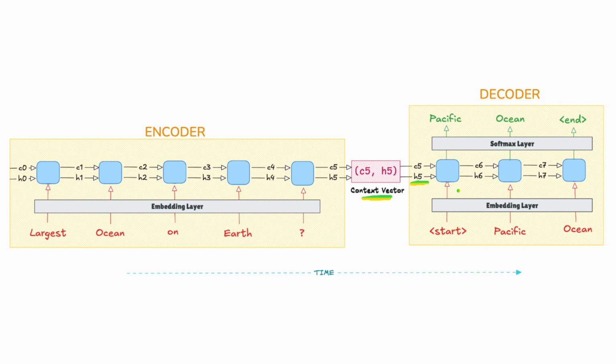Along with that, we also provide the start token. Then it will start producing the output, and we'll keep running this decoder part till we get the end token.